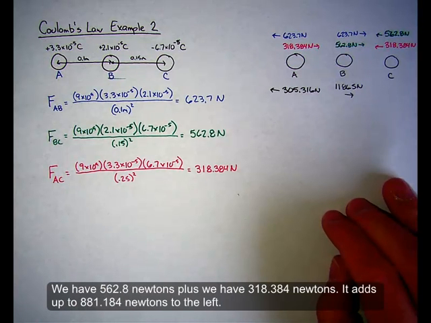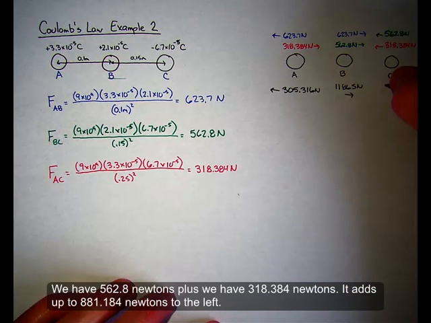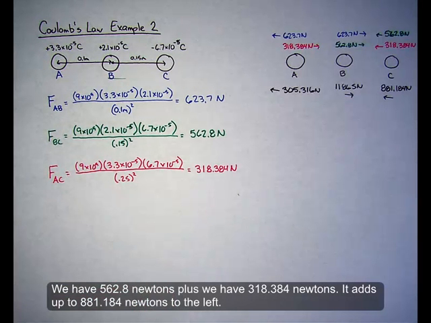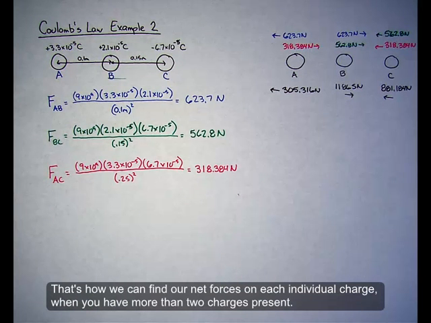So we have our 562.8 newtons, plus we have our 318.384 newtons, and so that adds up to be 881.184 newtons to the left. So that's really what we're talking about using Coulomb's law, and that's how we can find our net forces on each individual charge when you have more than two charges present.